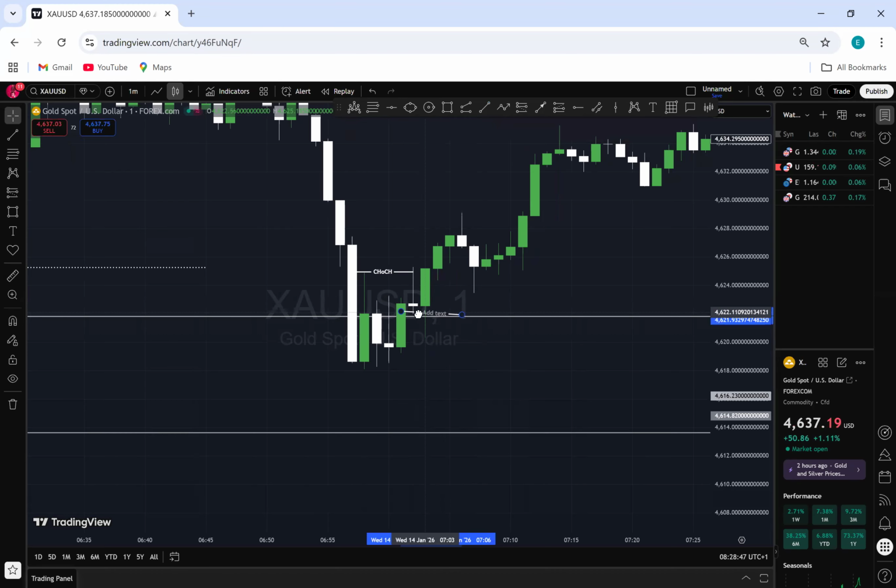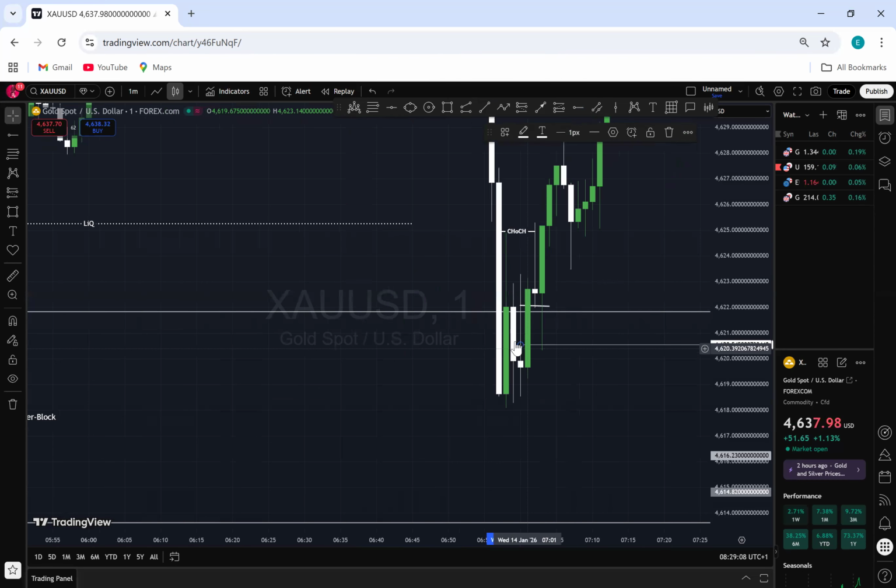So I had this as the liquidity and was expecting price to come into this region. Now, I was actually expecting price to come into this level, but my entry was above. It was here. So price came into this region, but did not trigger the trade. It did not trigger.